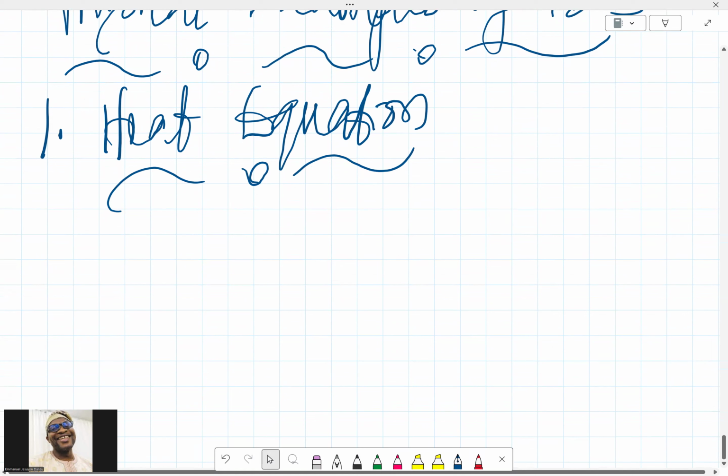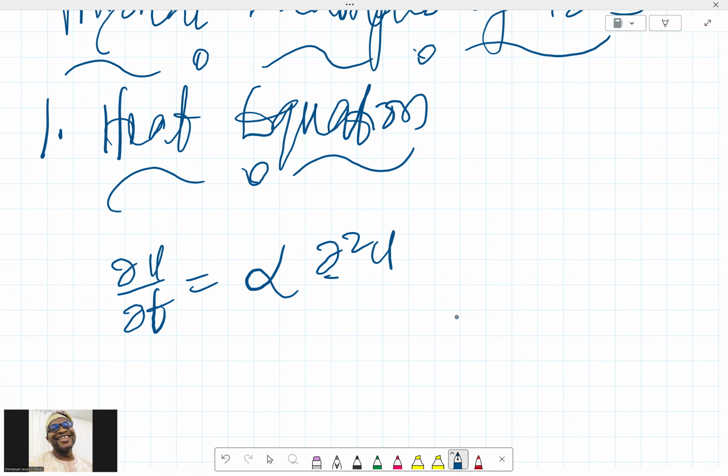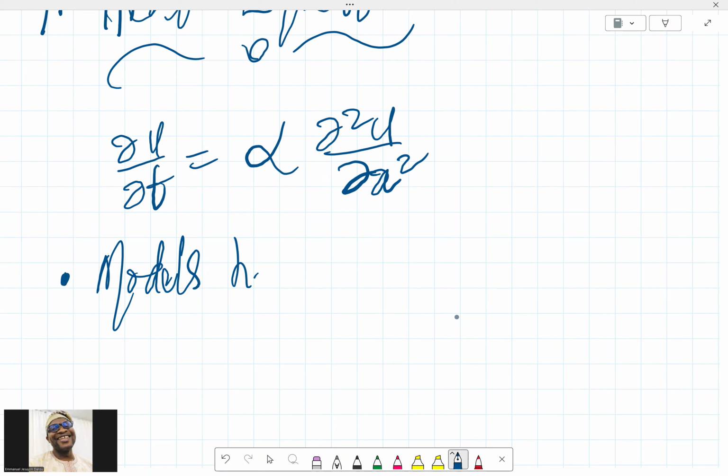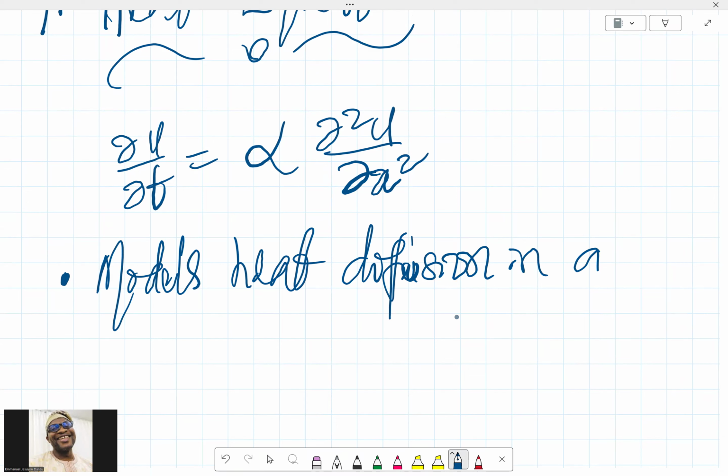The heat equation is generally given as partial u partial t equals alpha partial squared u partial x squared. Part of what we'll be doing under this playlist is to solve some of these equations. So what does the heat equation do? It models heat diffusion in a rod over time.